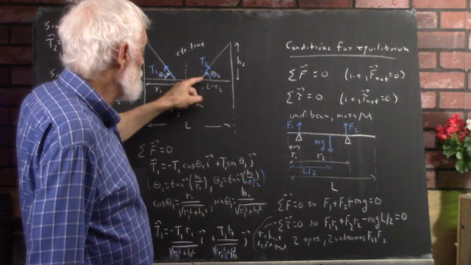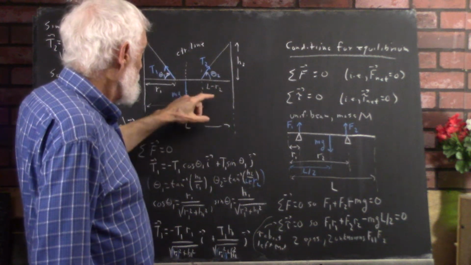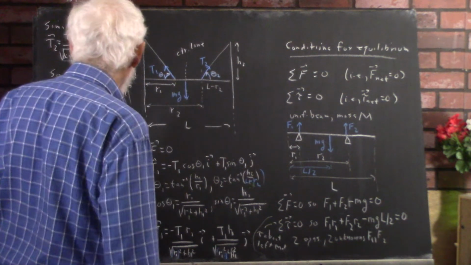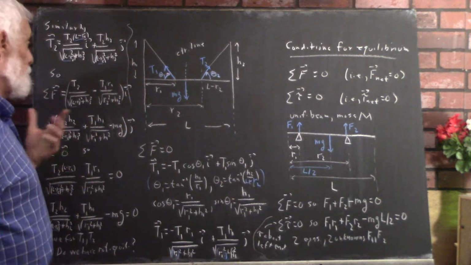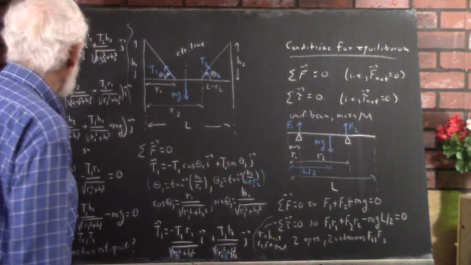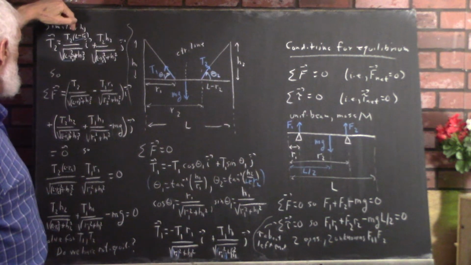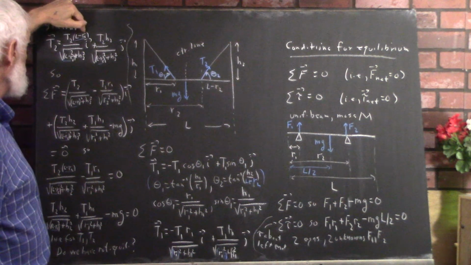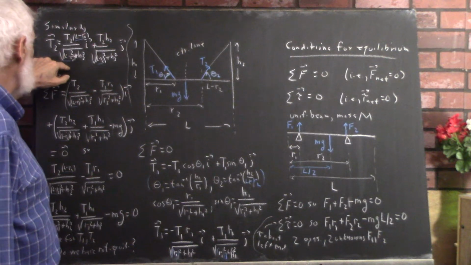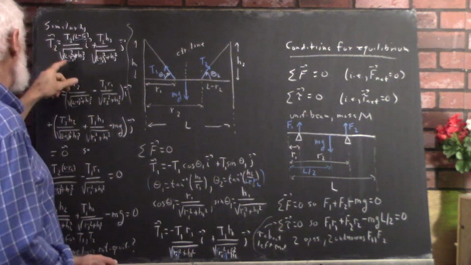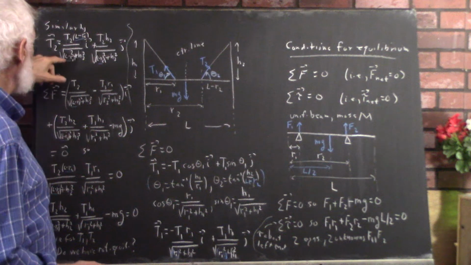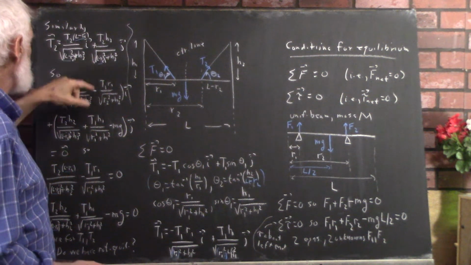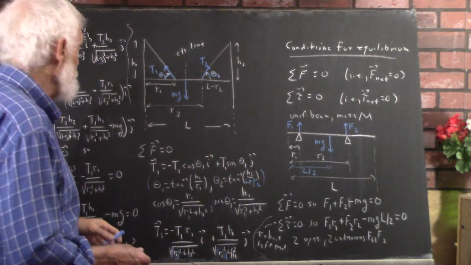which of course is just, cosine is L minus R2 over the hypotenuse. The hypotenuse is the square root of L minus R2 squared plus H2 squared. And I had this written before and I had it written wrong. So what I've got here, and it should be legible, is L minus R2 over the hypotenuse. Now, you can't read this denominator very well, but it's the square root of L minus R2 quantity squared plus H2 squared. Okay, so let me write that in.